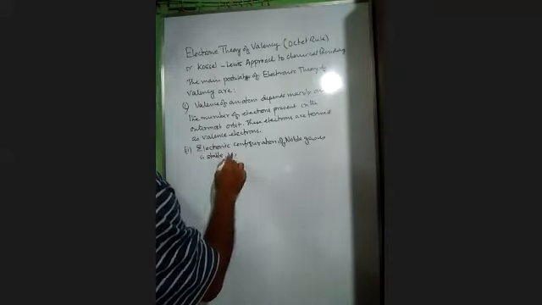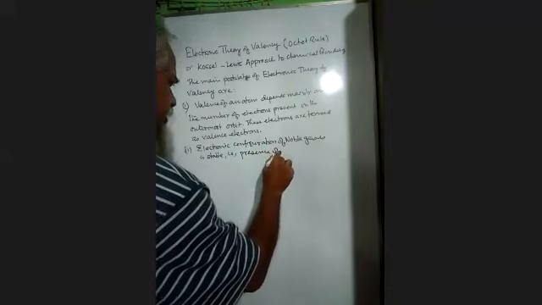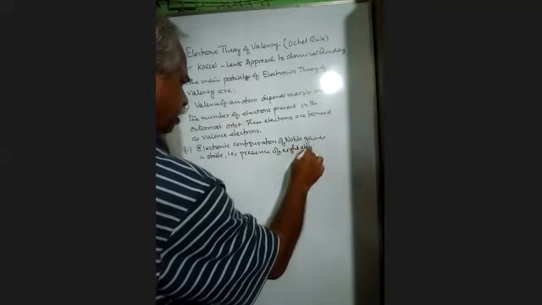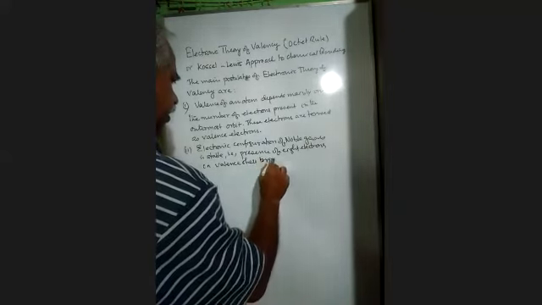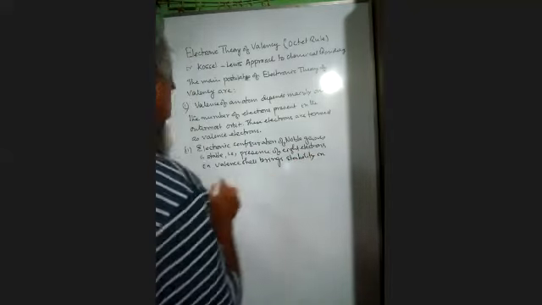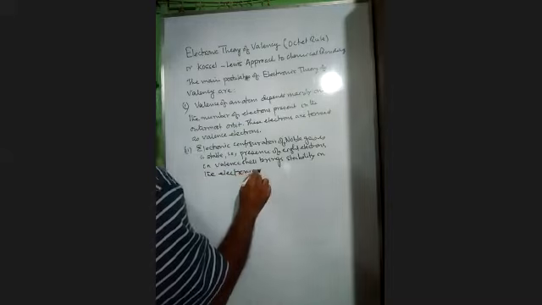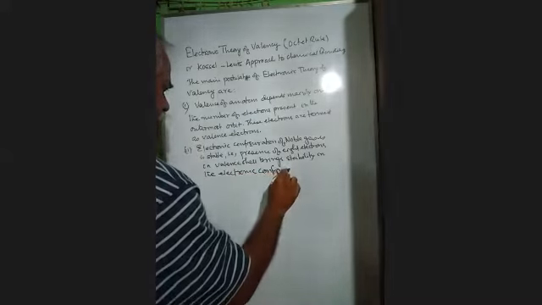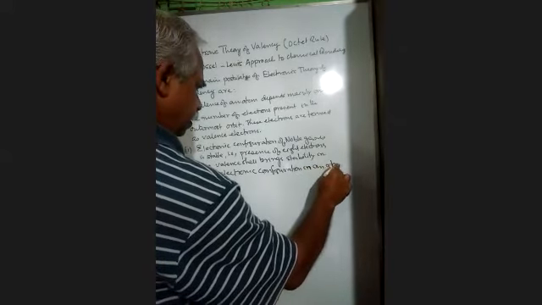That is, the presence of 8 electrons in the valence shell brings stability in the electronic configuration in an atom.